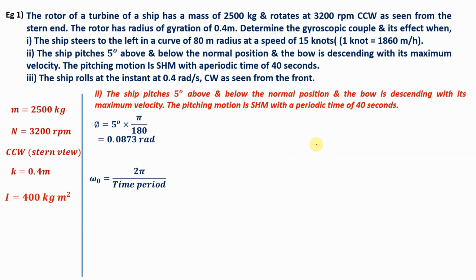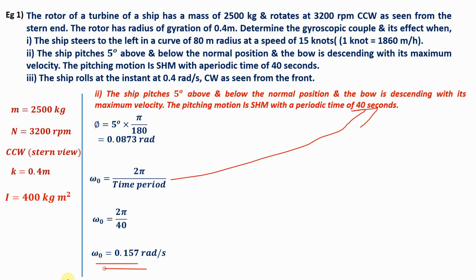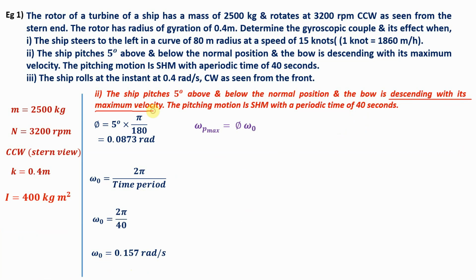Next we find out the angular velocity of SHM, which is equal to 2 pi upon time period. Time period is given as 40 seconds. So 2 pi upon 40 is 0.157 radian per second. Now it is mentioned that the bow is descending with its maximum velocity. So we find out maximum precision velocity omega p max, which is equal to phi into omega 0.